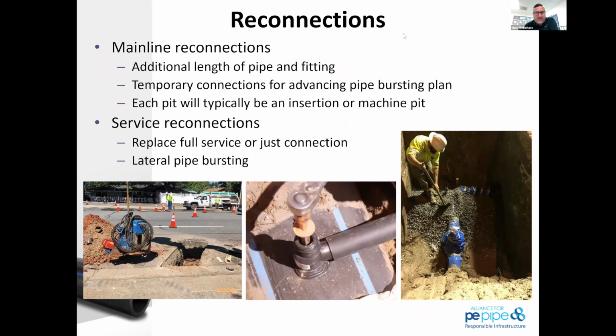But you definitely have to plan for the location of laterals, any water service connections. The picture on the left would show a lateral pipe bursting pit. So, if you picture running down the street, you have the main, this is the lateral pit. Oftentimes you'll see a lateral pipe bursting machine, like the one in the far left, set up at that lateral, and you could then pipe burst the lateral back under.